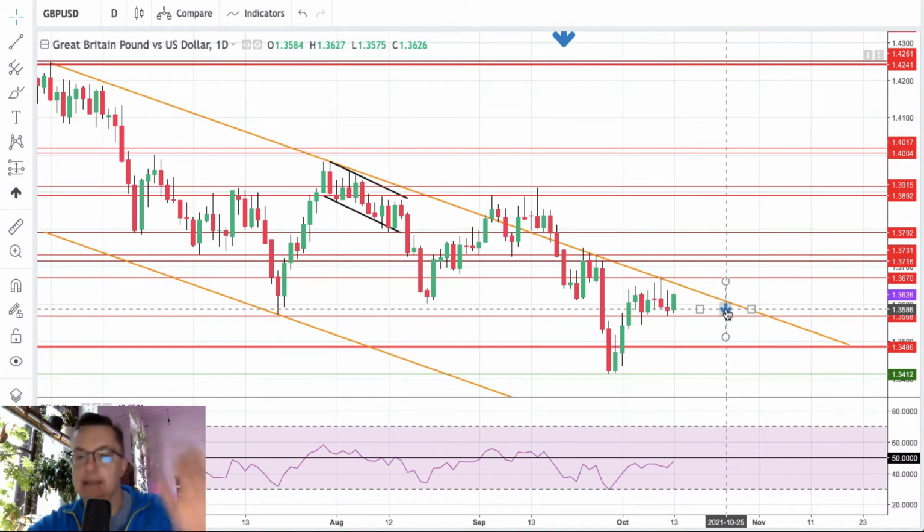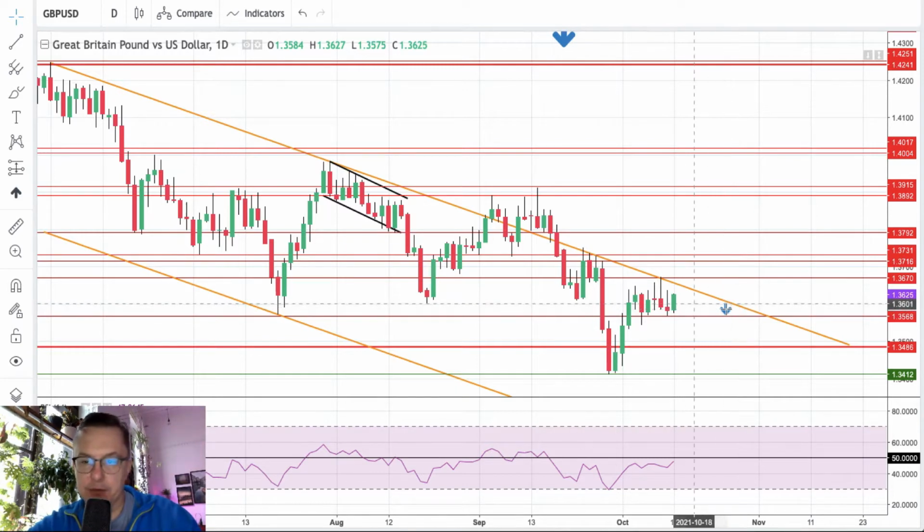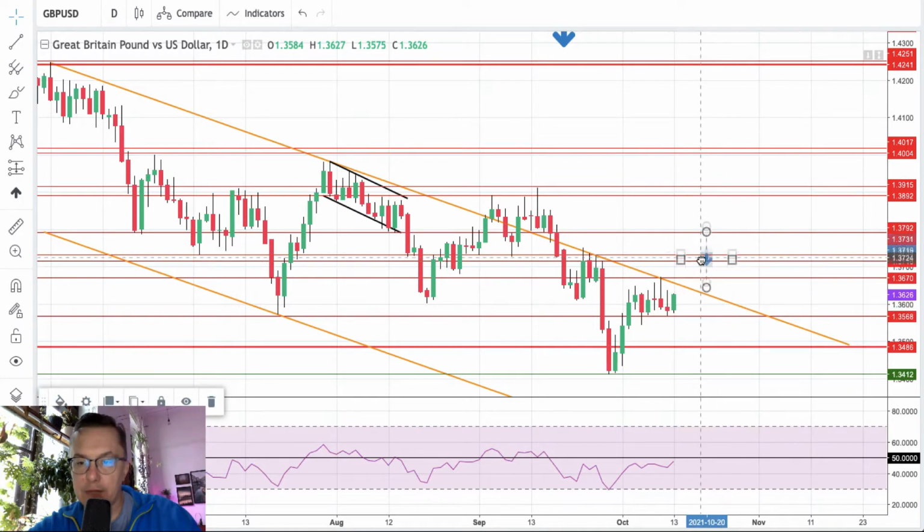This is the technical resistance that is important for the bulls, because if they break above this level, then the next target is 1.3716 and 1.3731, so these levels might be hit as well. So we are moving our blue arrow towards 1.3670. This is the next key level.